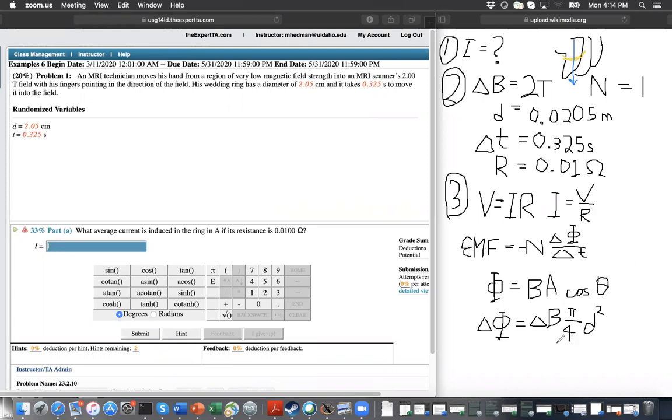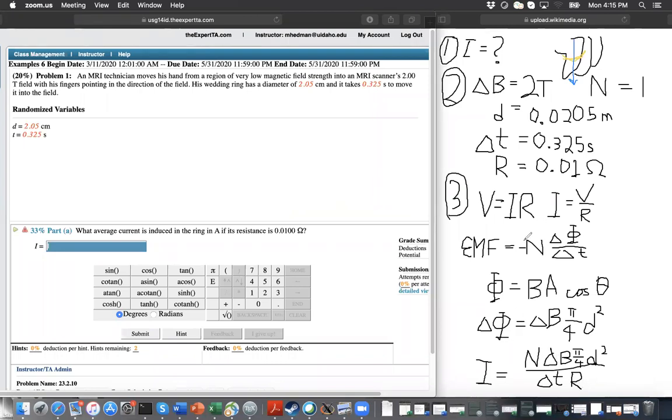So we can combine all of these expressions to get an expression for I. I is going to be N, basically V, the potential, which is also the EMF, which is going to be N delta phi, which is delta B, pi over 4, d squared, divided by delta t, but also divided by R because of the original Ohm's law. So this is the expression we can have.